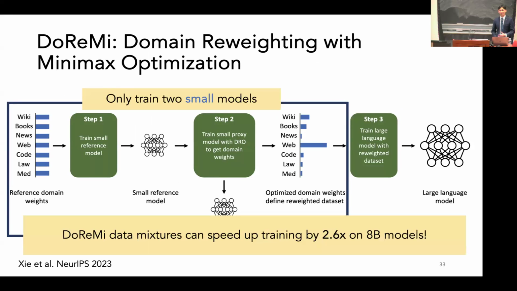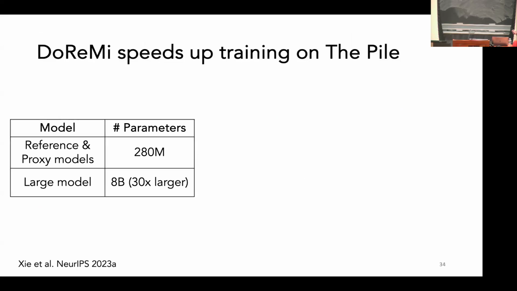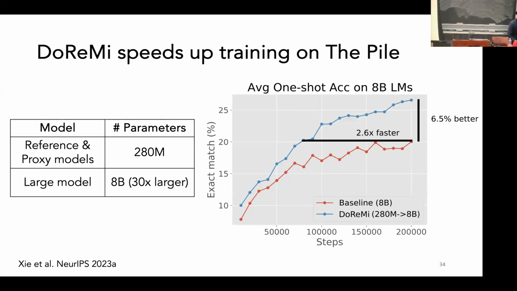Okay, so I'll go into this result further. We trained models on the Pile dataset. We used 280 million parameter reference and proxy models to optimize the domain weights, and then used those domain weights to train a larger 8 billion parameter model, which is 30 times larger than the proxy. Looking at downstream performance, the model trained on the DoReMi optimized weights, in blue, achieved the same downstream accuracy in about 2.6 times fewer training steps.